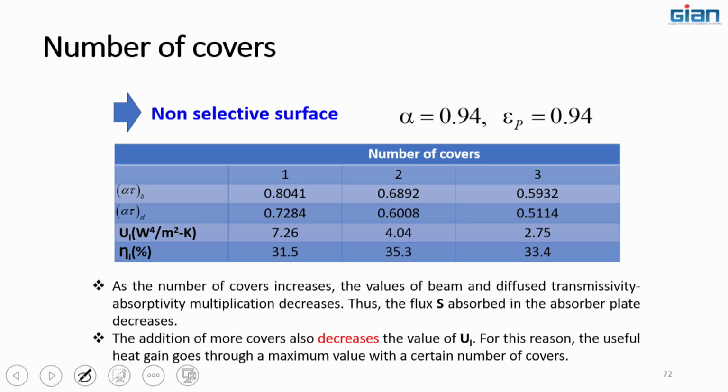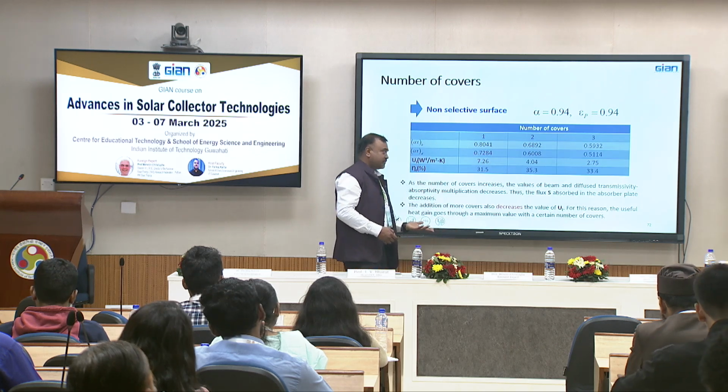That means without a selective surface, we will have a higher percentage of conversion in the case of the 2 cover system. Okay. So, with selective coating, a single cover gives high efficiency, while without selective coating, 2 covers give efficiency lower than selective surfaces. So, it is quite effective to have a selective surface.